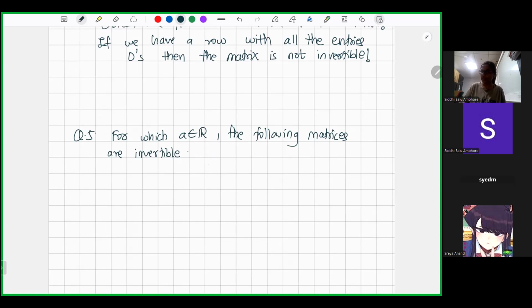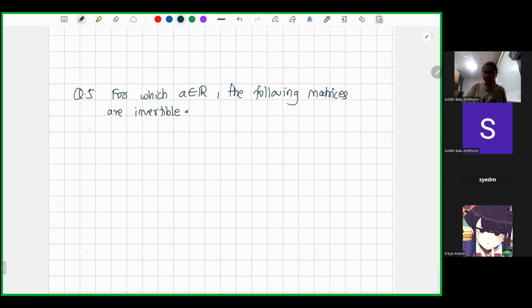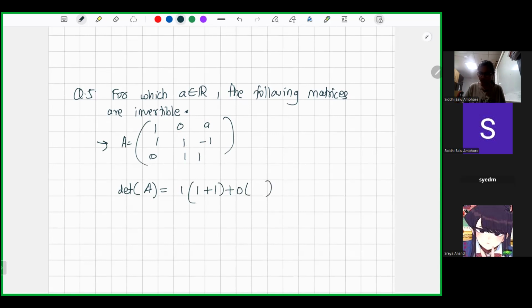We'll just check that. They are asking to compute the inverse of the matrix, but we can just follow row echelon for this matrix. We'll just do this one, and then we can stop. The matrix is 1 1 minus 1, 0 1 1, and then the determinant of this matrix, let me call it A, is 1 into 1 plus 1, plus 0 into whatever, plus A into 1.